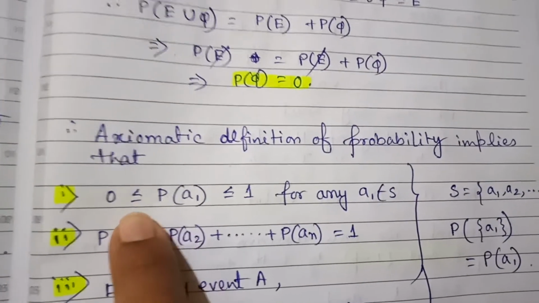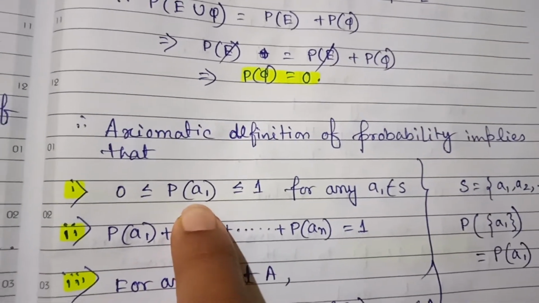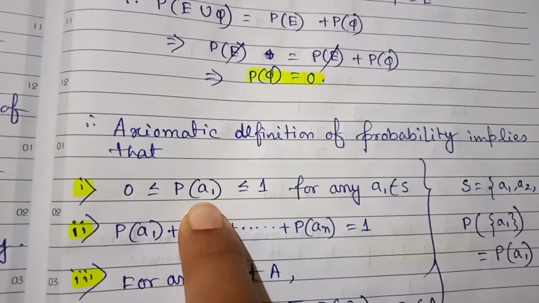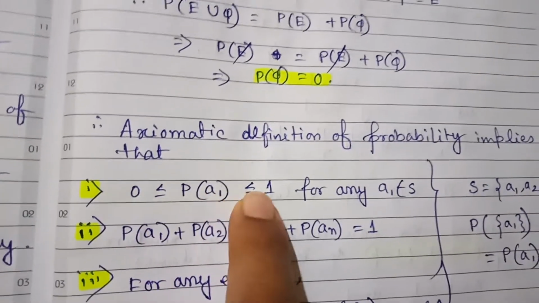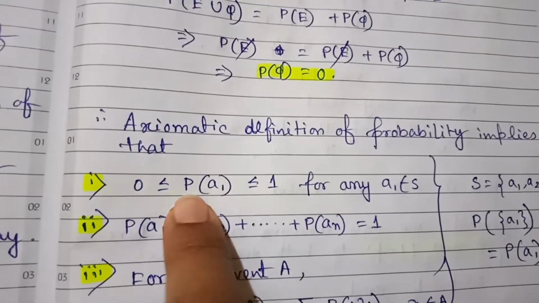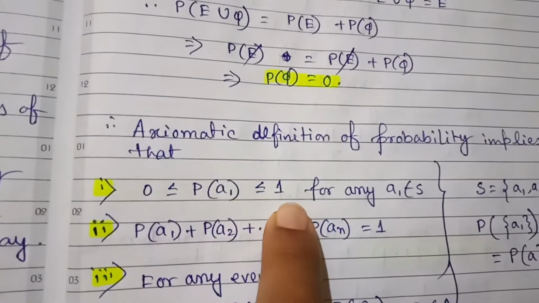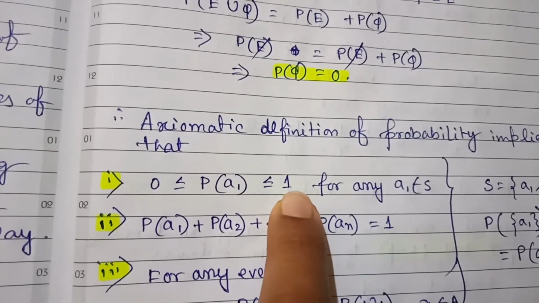What does it mean? It means any probability will have a value between 0 and 1. It can't be negative, and it can't be more than 1.